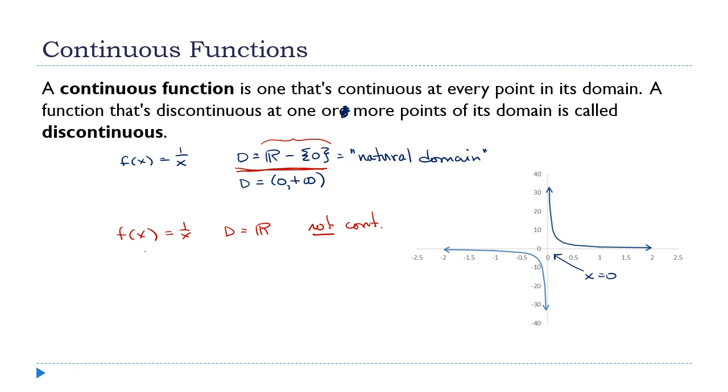So the domain is really important to answering this question. Now, going forward, let's all come to an agreement here. When I ask about a function, unless I specifically say otherwise, assume that the domain is this natural domain. It's the domain you would have found if you were asked to find the domain in an algebra class or a pre-calc class.